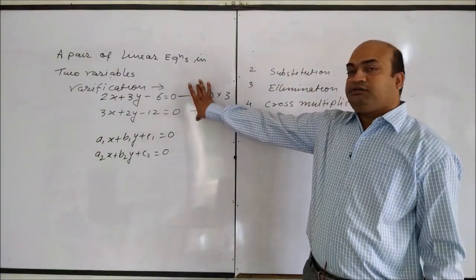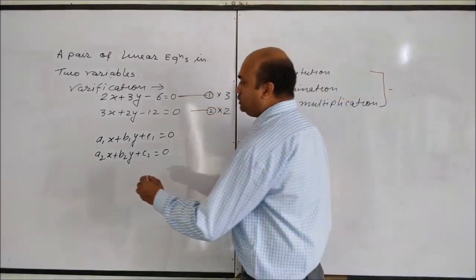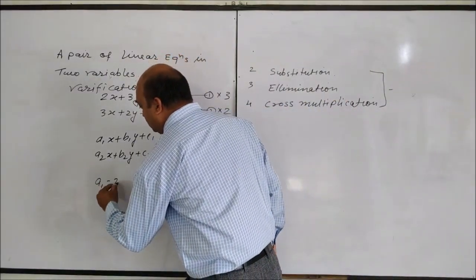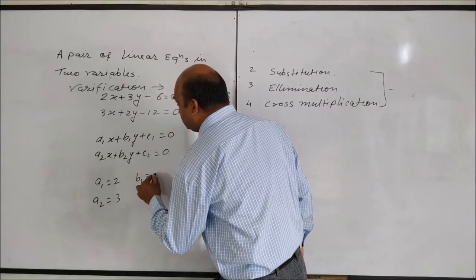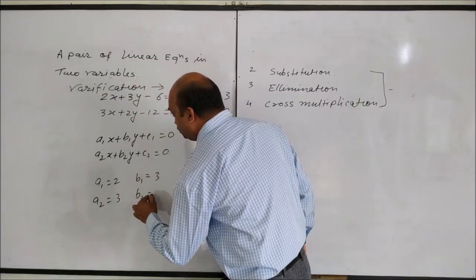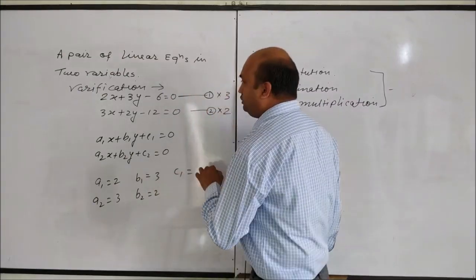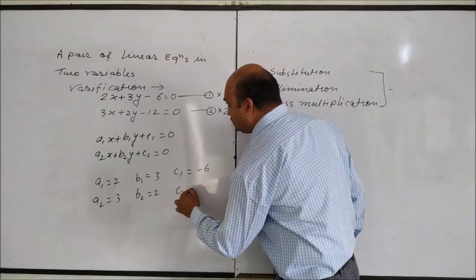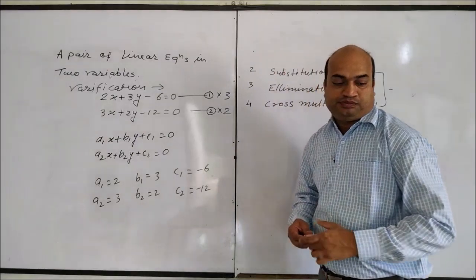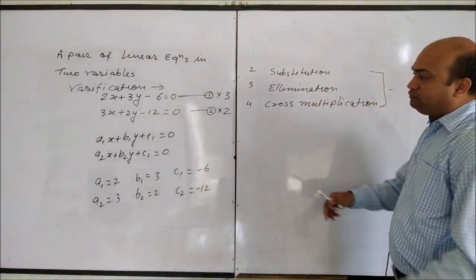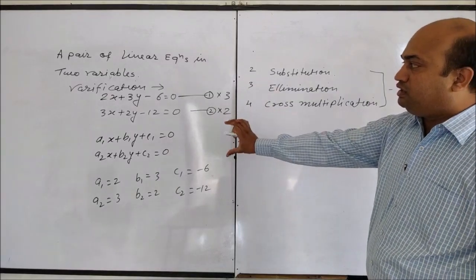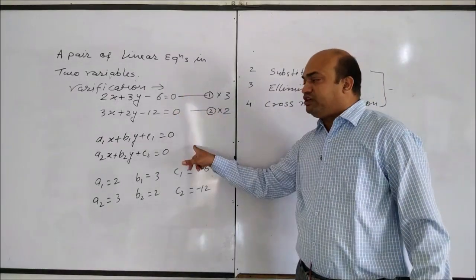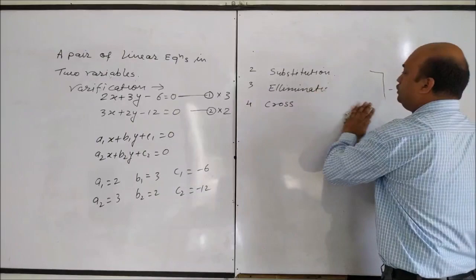We compare the given equations with these equations to get a1 is 2, a2 is 3, b1 is 3, b2 is 2, c1 is minus 6 and c2 is minus 12. So we can find a1, a2, b1, b2, c1, c2 by comparing the given equations with the standard equations.